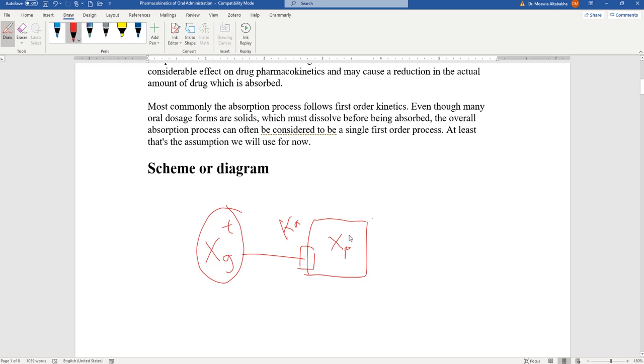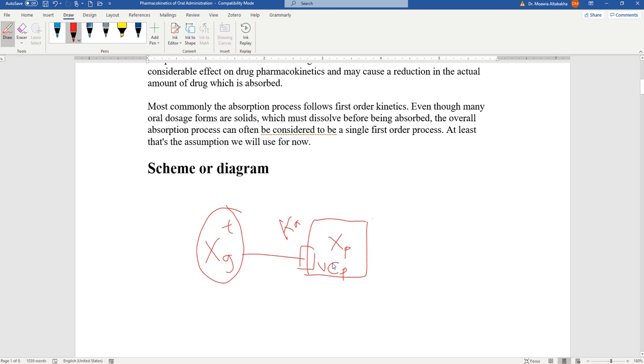Of course, the amount of the drug in the compartment will be equal to V times Cp. Okay, is that clear? So the amount of the drug in the GIT gets in through the door, which is Ka, the rate of absorption constant, which has a unit of time to the power of -1.